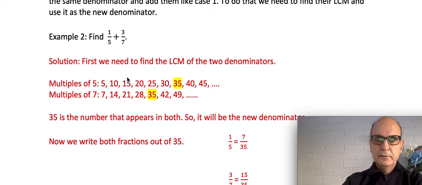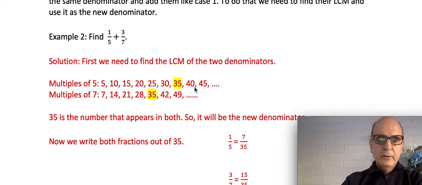So 15 plus 5 is 20, 20 plus 5, 25, 25 plus 5 is 30, and so on. To find the multiples of 7, start with 7 and keep adding 7. 7, then 14, then 21, 28, 35, 42, 49, and so on.